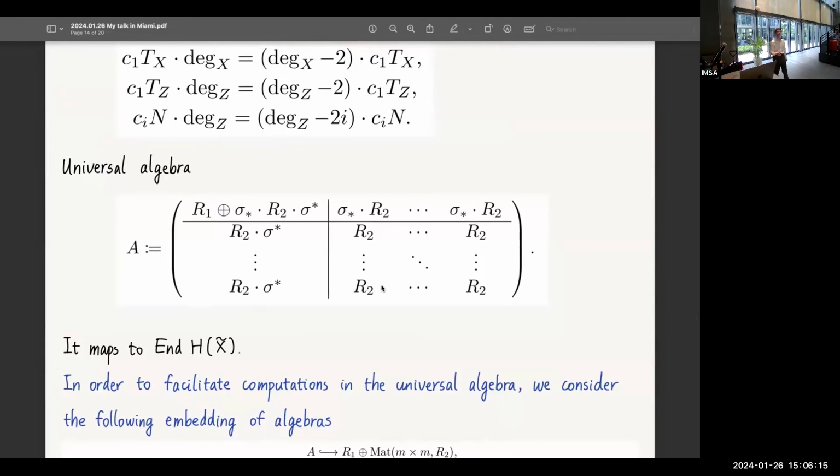It maps to the endomorphism of the cohomology of X tilde, because all of them can just act on the cohomology of X tilde. So now we have embedded our particular matrix into this algebra. And in order to get rid of all these lower star and upper star, and to facilitate computations in the universal algebra, we consider the following embedding of algebras.